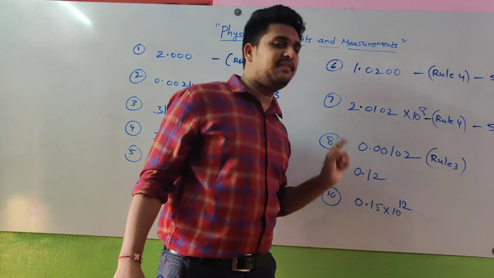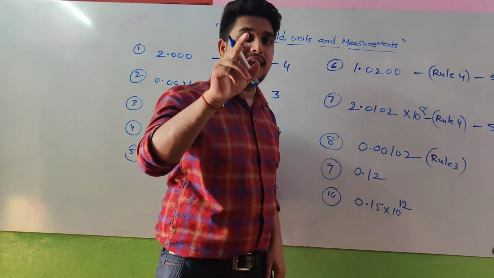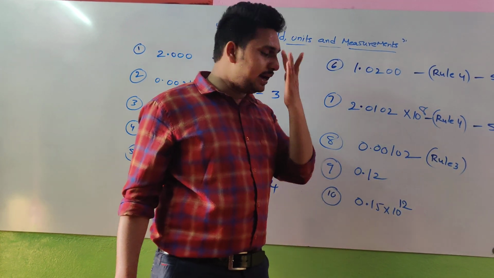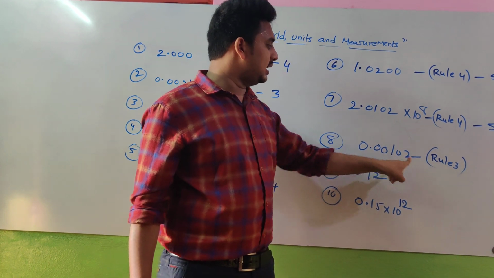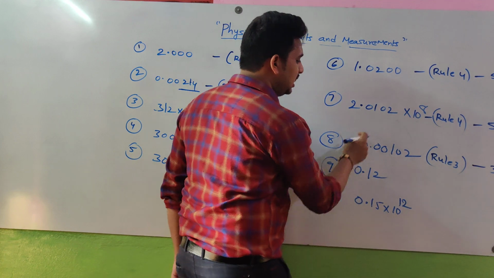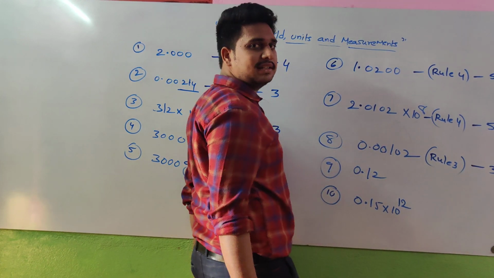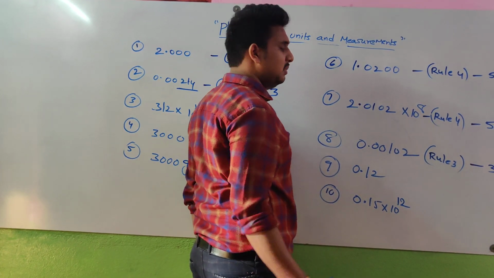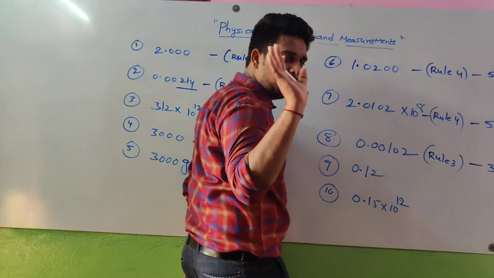They are not significant figures whenever the number is less than 1. That is rule 3. So this number contains 3 significant figures, because these zeros are not considered as significant figures since this number is less than 1.